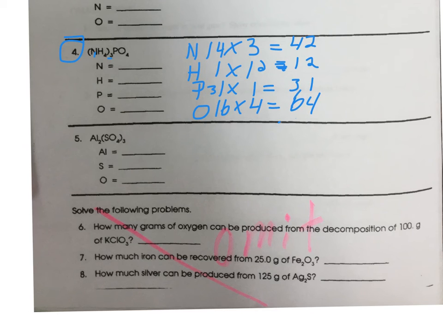Okay, so now we have every single element. We need the molar mass though, right? So how much is the molar mass? 149. Okay. Now guys, I'm taking a lot of space here, so remember you can do it a lot smaller on the page, okay?